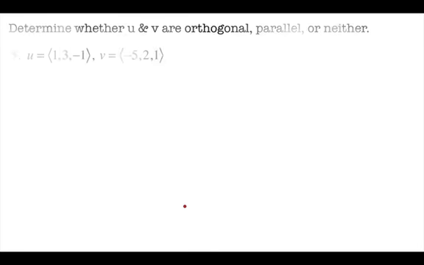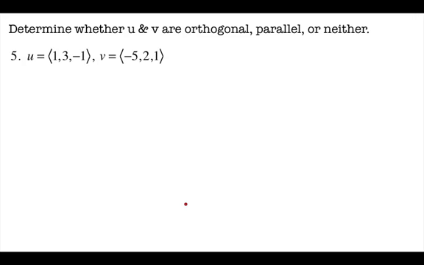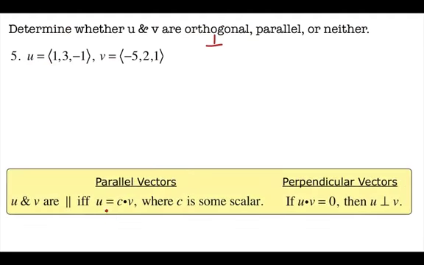It says determine whether U and V are orthogonal, parallel, or neither. Remember, orthogonal means perpendicular. So here we go. This is what we're going to use. First, we're always going to check for parallel, and then if they're not parallel, check for perpendicular, and if they're not perpendicular, we know they are neither.